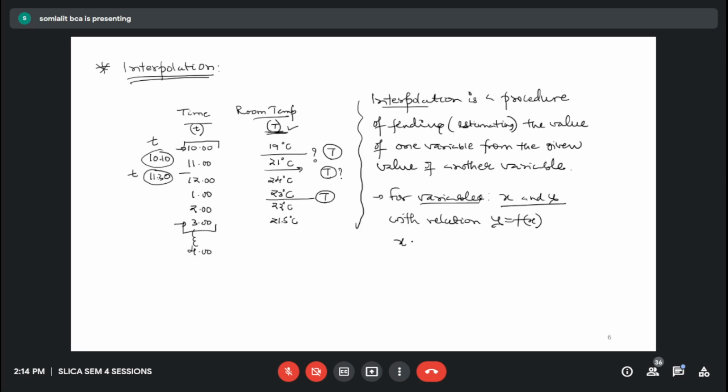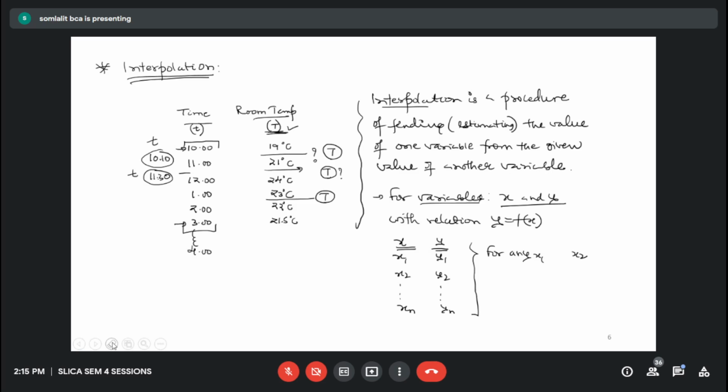This depends upon the relationship. Now, what we can do with the help of interpolation: if you are given any x that may be between, for example, x1 and x2, it is an intermediate value. Intermediate value means it is not given in the data set.